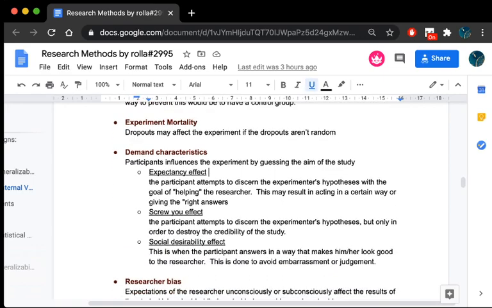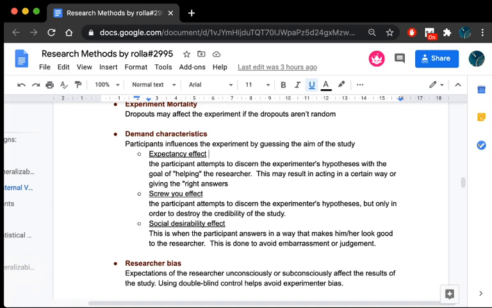Then demand characteristics is when participants influence the experiment by guessing the aim of the study. There are expectancy effects, screw effects, and social desirability effects. These are the 3 different ways people might respond if they think they have guessed the aim of the study. Expectancy effect is when they try to help the researcher.